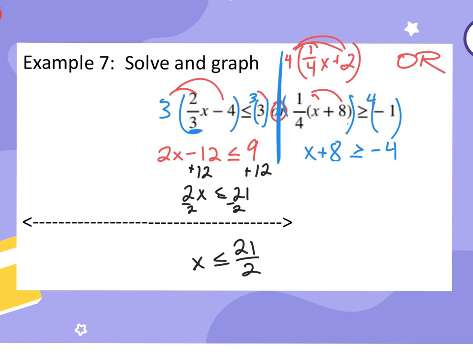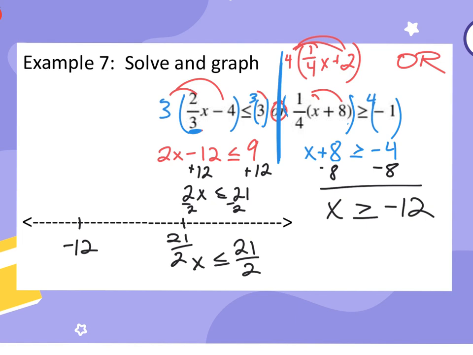You could have given me a decimal, that's fine too. 10.5, right? Next one, subtract 8 on both sides. X is greater than or equal to -12. Okay, which one is going to be first? Obviously the negative, right? And we'll have the 10/2, or 10.5, or 21/2.